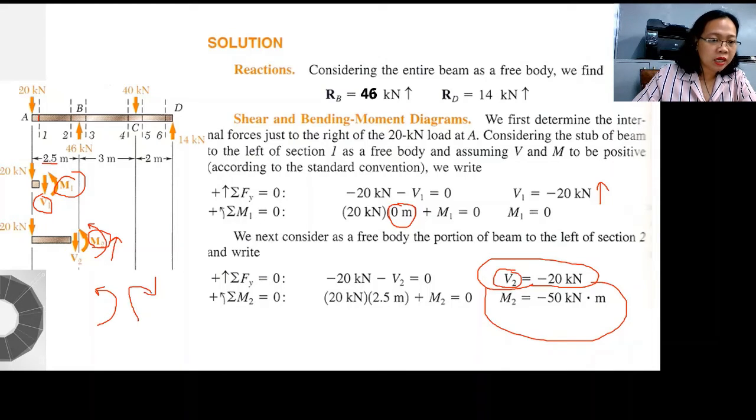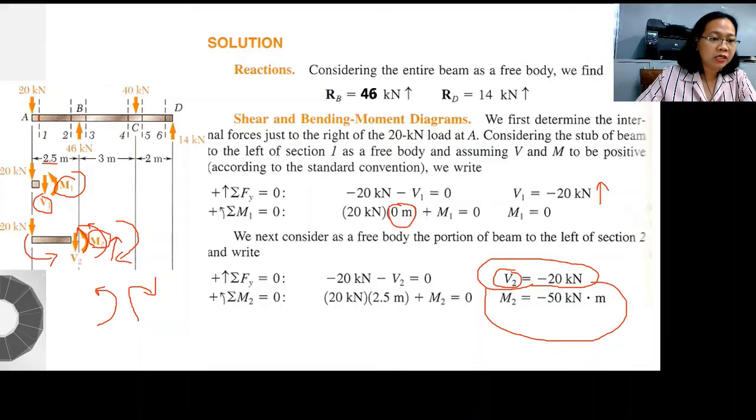This load makes the 20 produce a moment in this direction, so to resist it, there should be a moment in the opposite direction. Our assumption was positive moment in this direction, but since the result is negative, we should go back and reverse the direction.